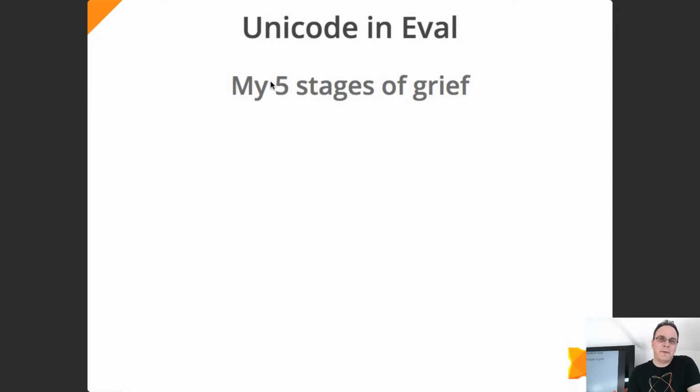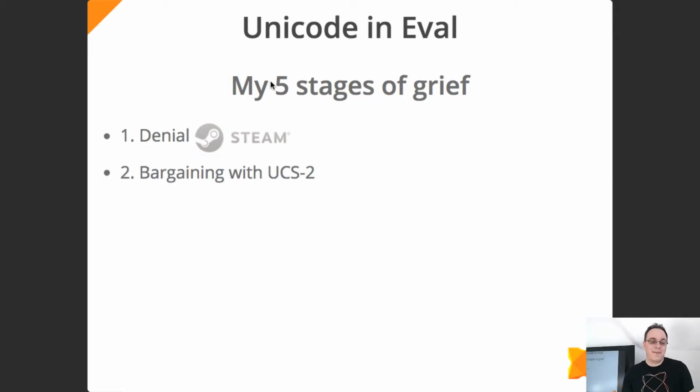It started with the usual denial, so I kind of pretended that the issue didn't exist. But somehow that didn't help. So I was bargaining with UCS2, and it kinda, sorta seemed alright.